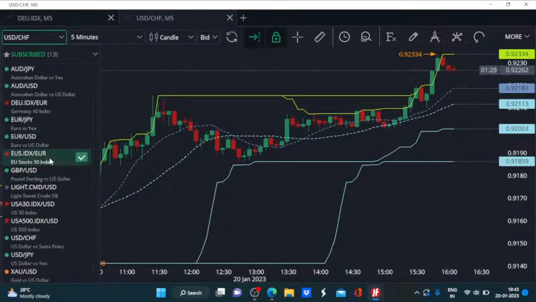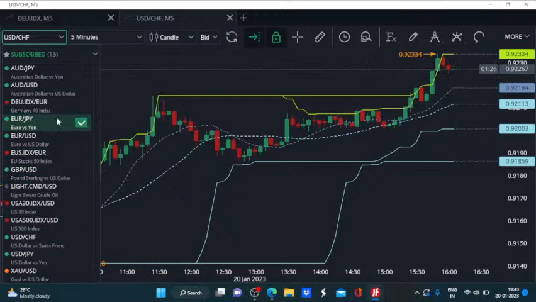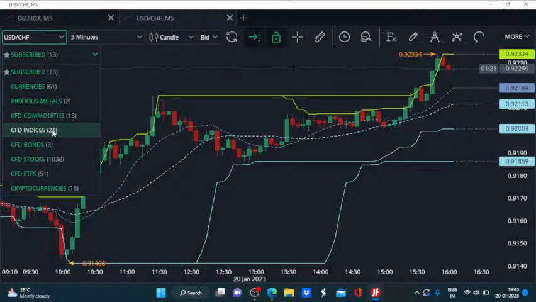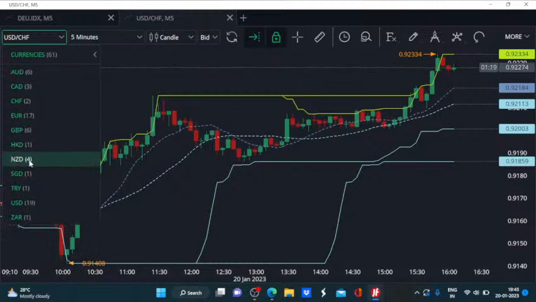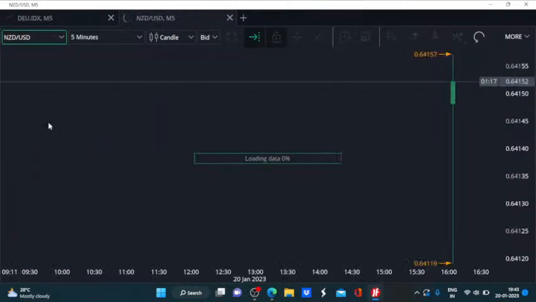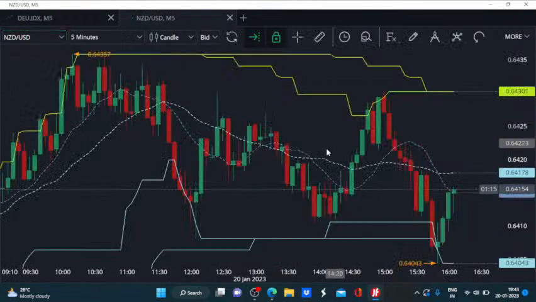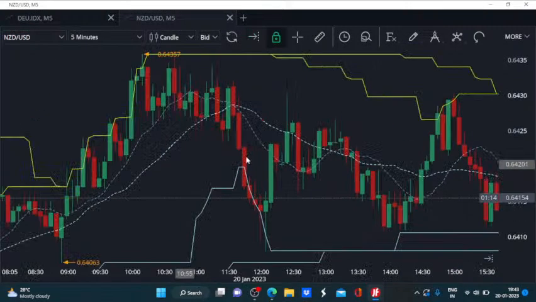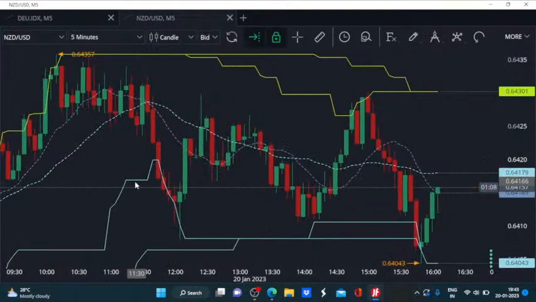Let's see where NZD stands. For the NZD, it is more of a consolidation phase. It is not really moving that sharply.